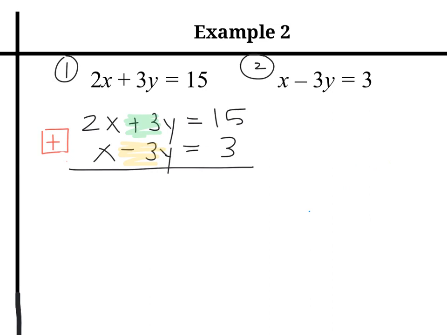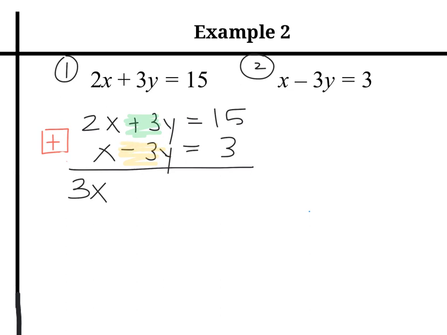So we're going to start on the far left, and we're actually going to start with our x terms because they show up first. So this is 2x plus x. So 2x plus x is 3x. And then we have our 3y plus negative 3y.